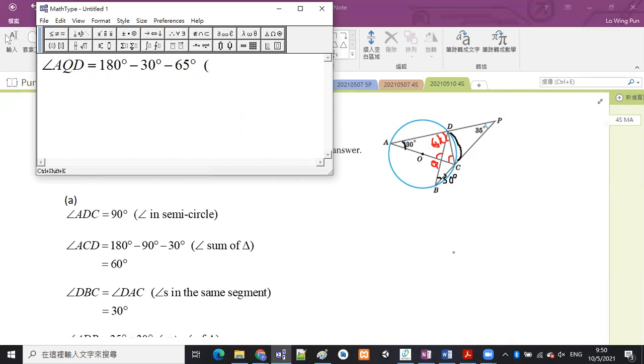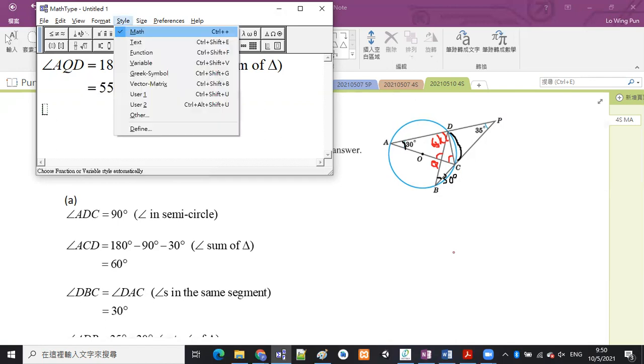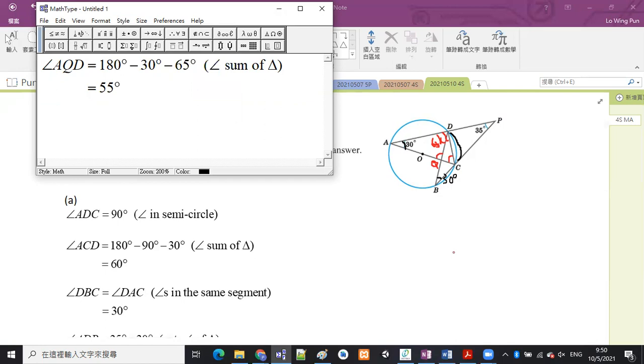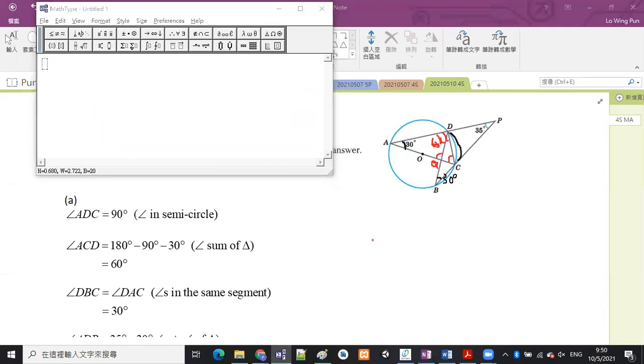This angle sum of triangle should be equal to 85 degrees, which is not equal to 90 degrees.